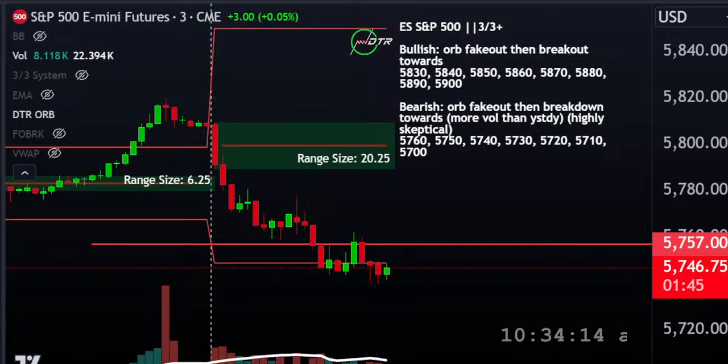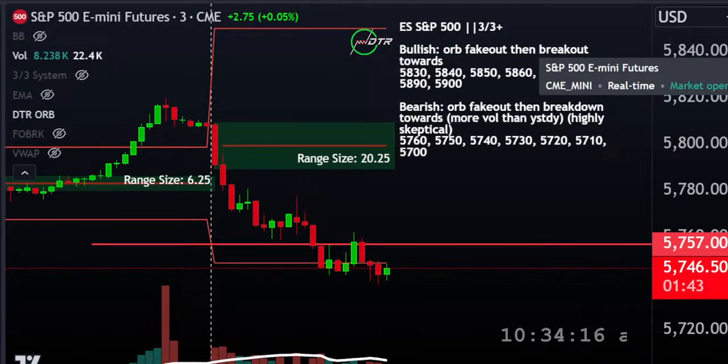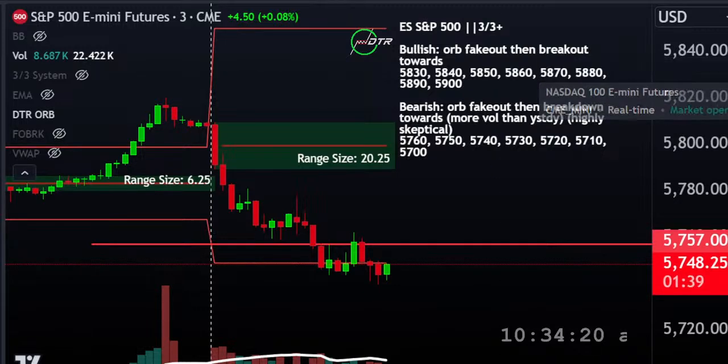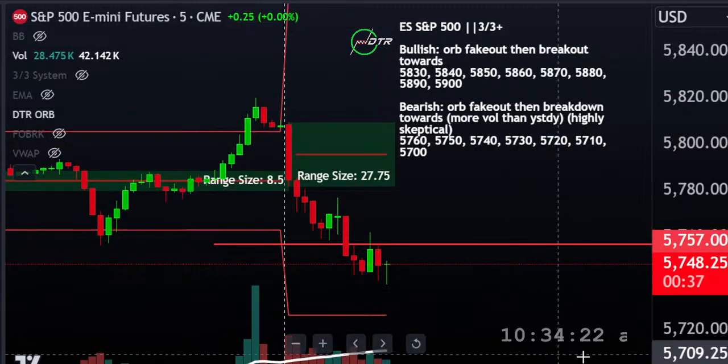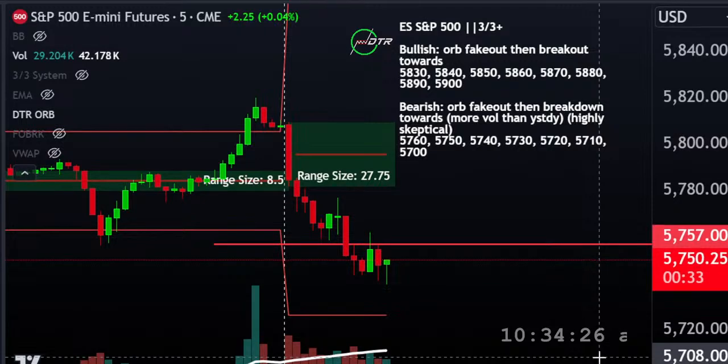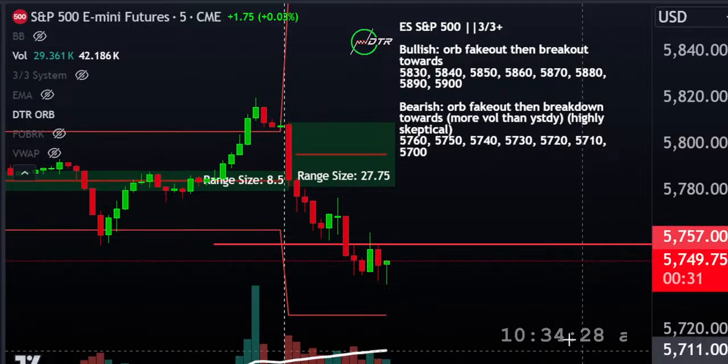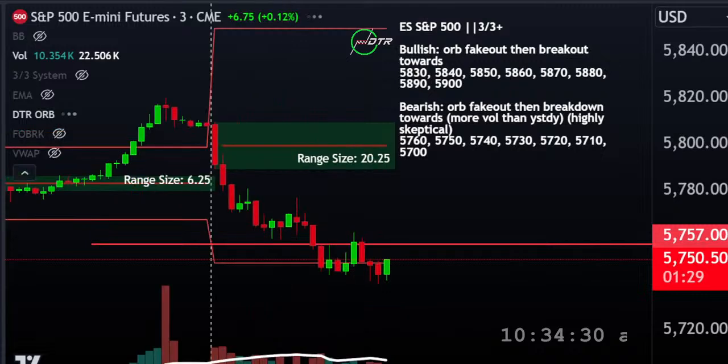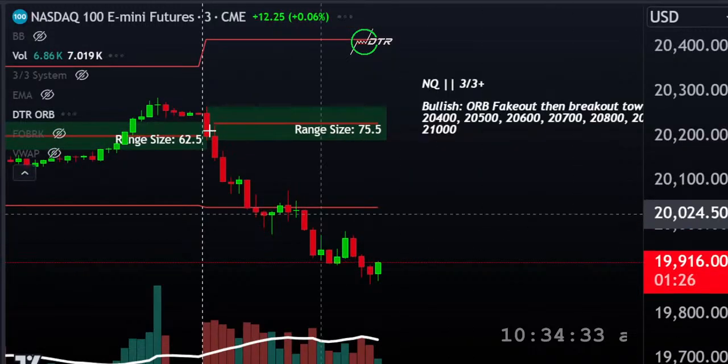With all that Israel stuff, that started, what, October 7th last year? So that's been a headline that's been in play for a year. For lack of a better term, the market kind of just absorbs that pretty easily, all things considered.